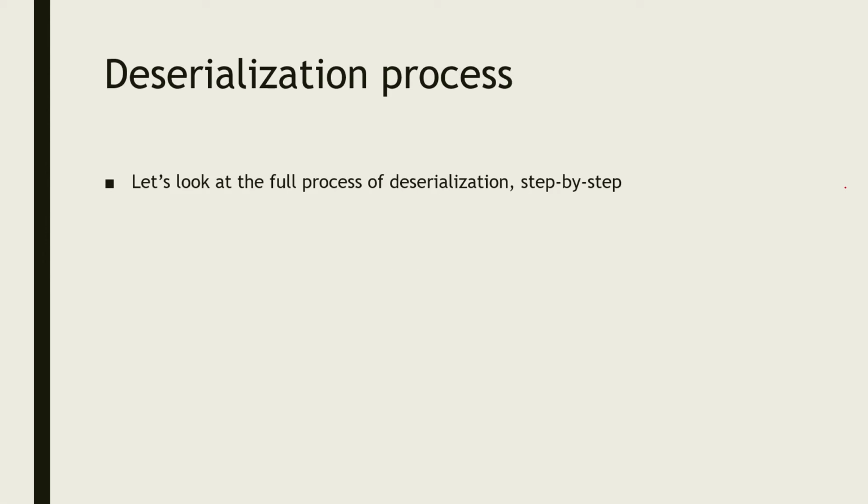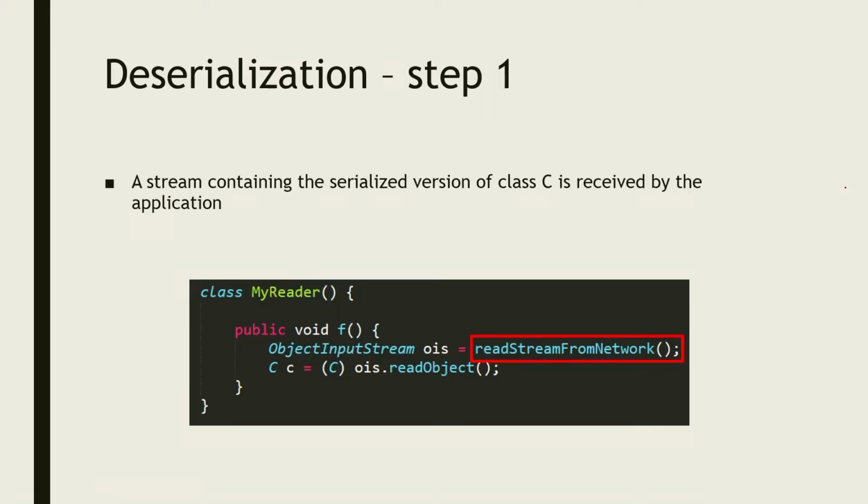Okay, so now we should have a feeling what this custom readObject is, but still, to really grasp the concept, we're going to look at the full process of deserialization step by step. In step 1, we have a class called MyReader, and there's this function which reads a stream from the network, and we're going to read the object.